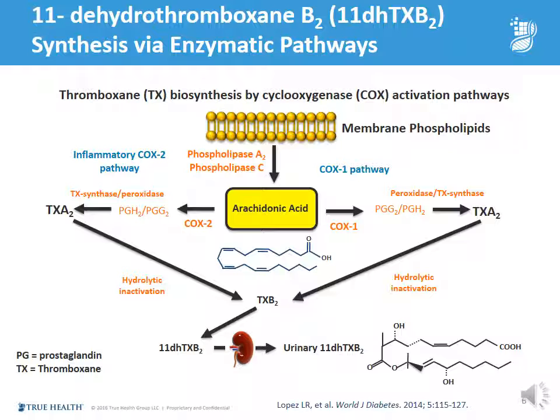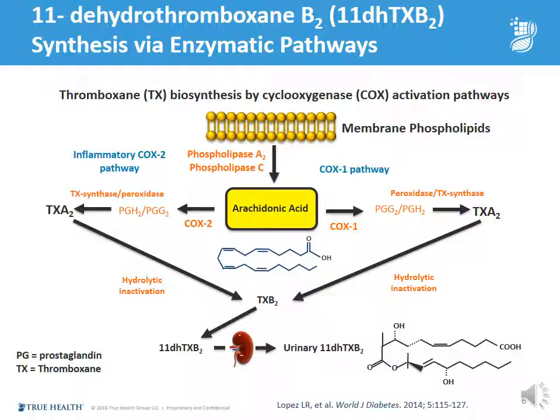Now go back to the arachidonic acid molecule in the center, and we're going to move to the left. Using the cyclooxygenase 2 or COX-2 pathways, arachidonic acid is also converted to thromboxane A2, which does its cell signaling and then is converted through hydrolysis to thromboxane B2.